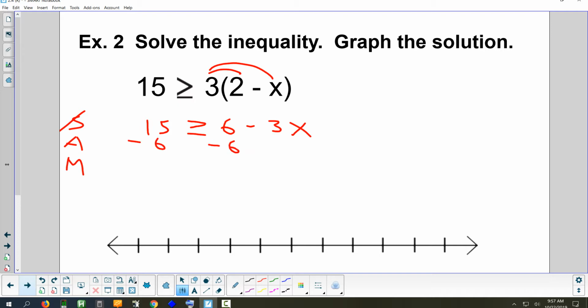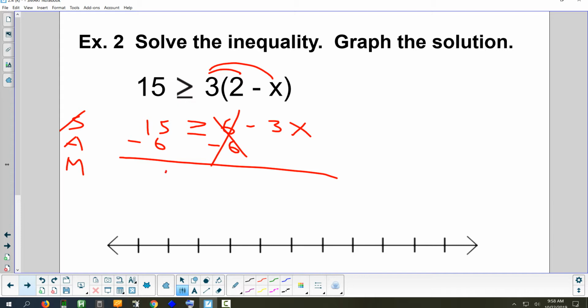Why not add it? Because there's no symbol to the left of it. So if there's no symbol to the left of the 6, what kind of number is it? Positive. It's positive, and we're trying to get rid of it, so he did the opposite. He did negative. Gone.